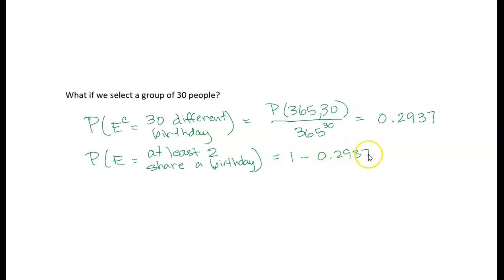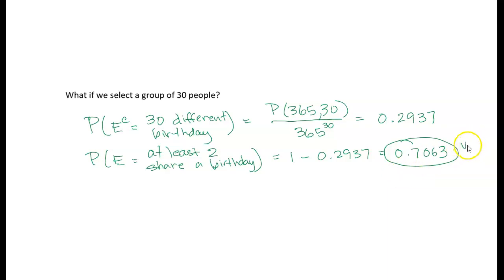And what I end up getting is 0.7063. So over a 70% chance that if you have 30 people in a room, there will be one pair of people that share a birthday.